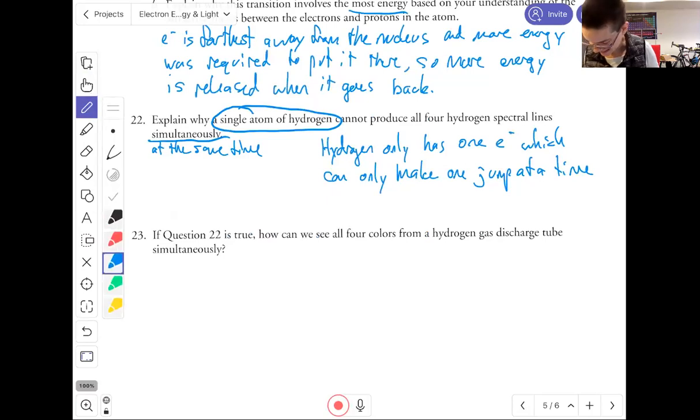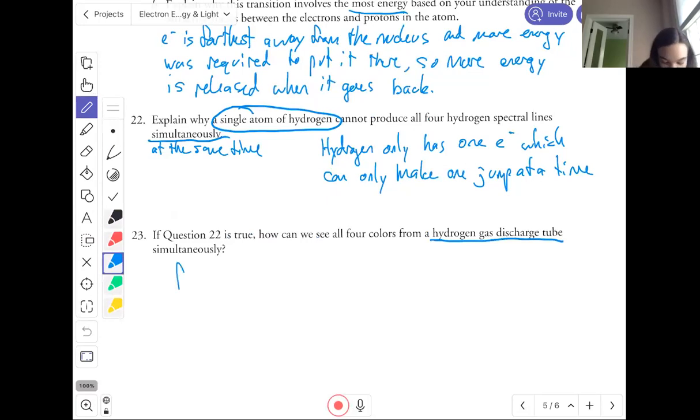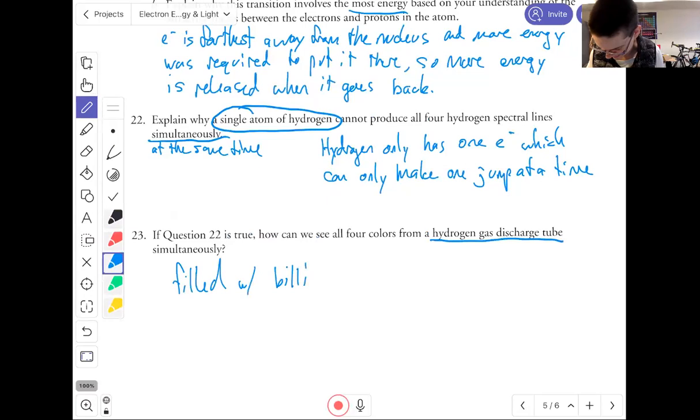But if that's the case, then how does a full discharge tube give me 4 colors? There are many hydrogen atoms. There are many, all right, it's filled with billions of hydrogen atoms.